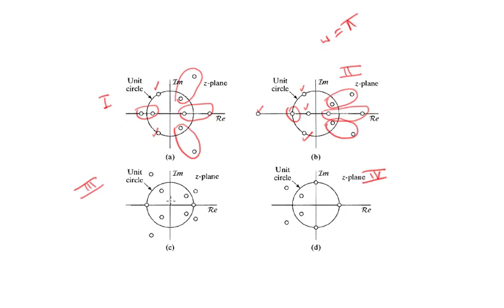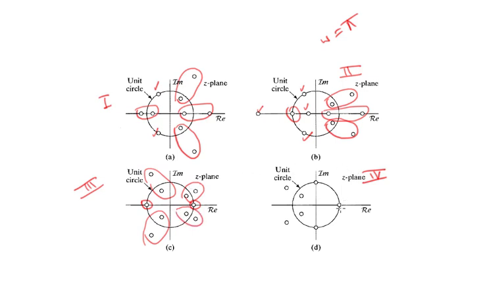Similarly, for type 3 systems, I have mentioned that it has two zeros at omega is equal to 0 and omega is equal to pi, whereas all other zeros are in conjugate reciprocal form.